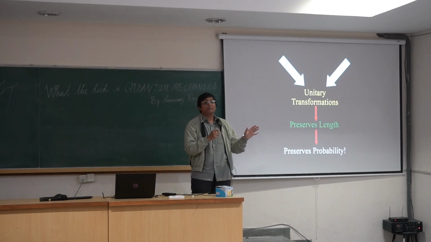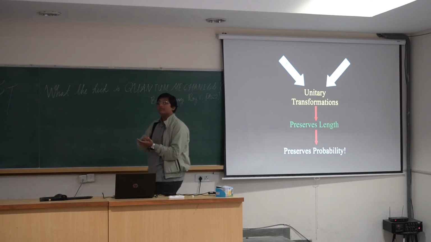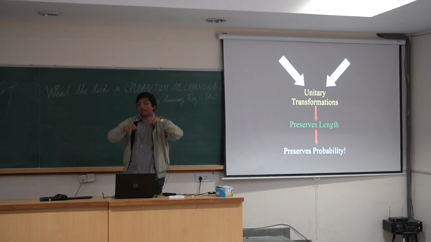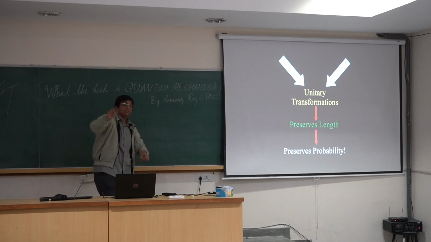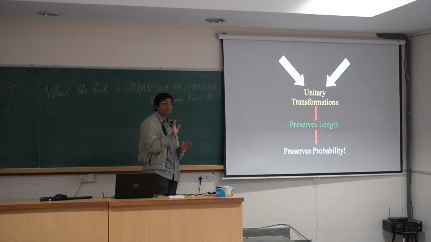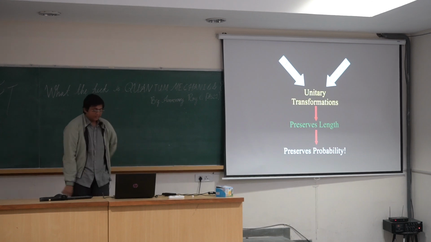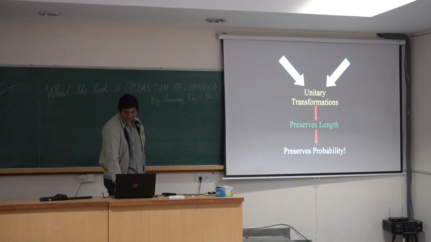So unitary transformations preserve the length of the vector. You can take any vector, you can move it in space, you can rotate it, and the length of the vector won't change. That's a unitary transformation. Now, it's also written there that it preserves length, so it preserves probability.